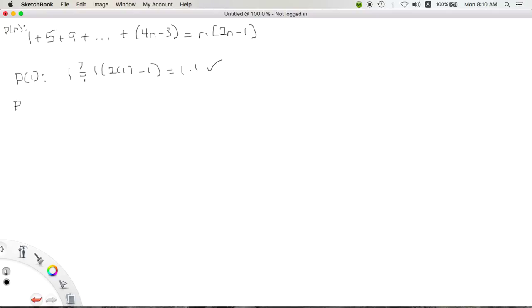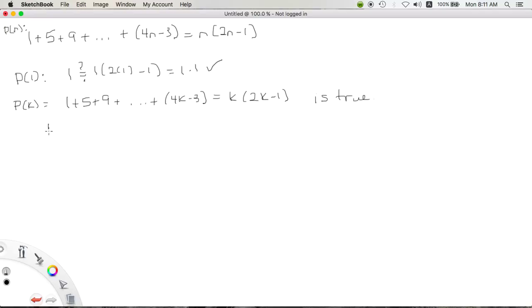Then remember, you make your inductive hypothesis, which means we just rewrite it out with the k in there. So we're saying that this is true. That's our inductive hypothesis. And then we're going to show that the next one happens.